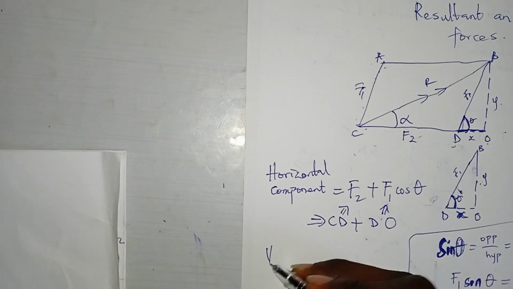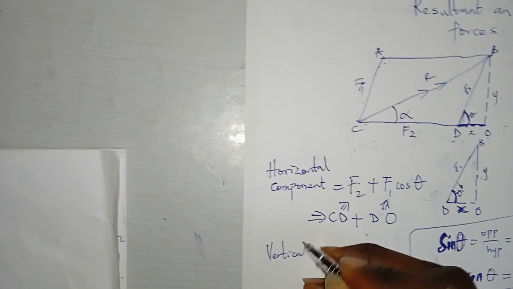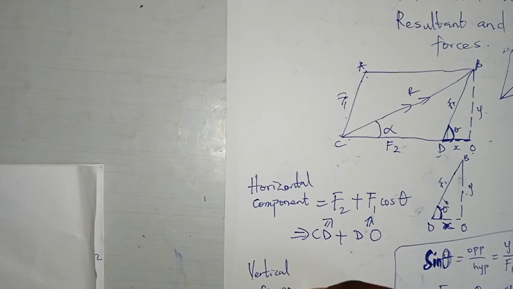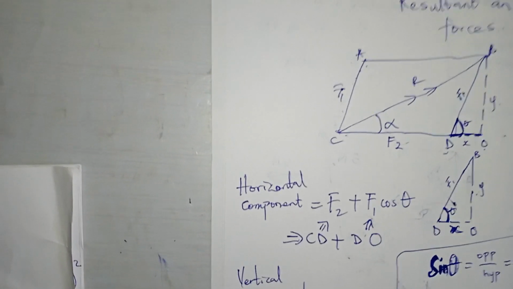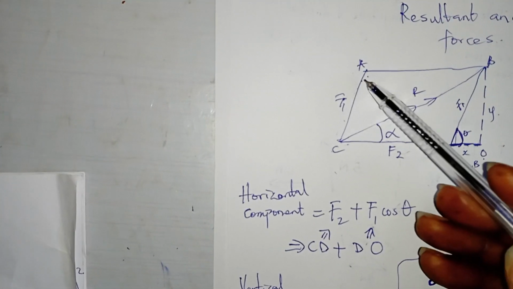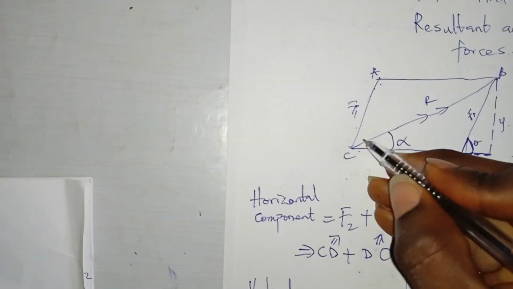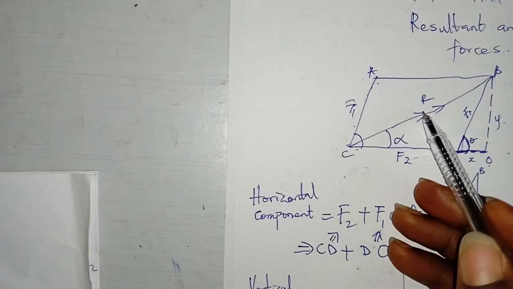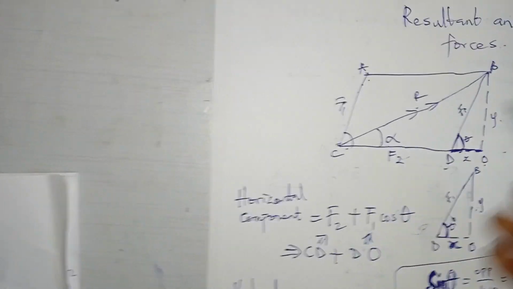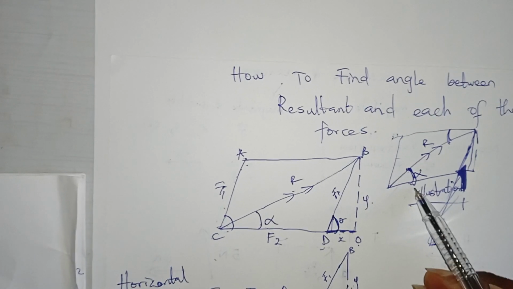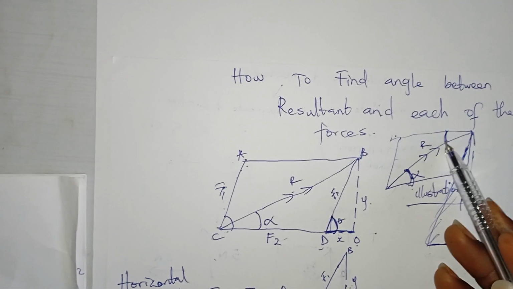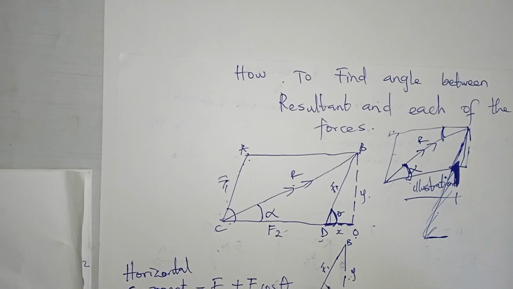Now for the vertical components on this parallelogram, this thing is very important. It's different from when they ask you for the angle between each of the forces. The angle between each of the forces is this way. Now the angle between this resultant and this force is this thing I've drawn here. The angle between this particular one for F2 and the angle between this one for F1 is this way.